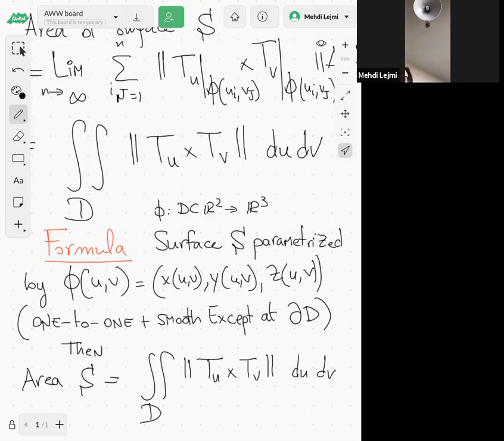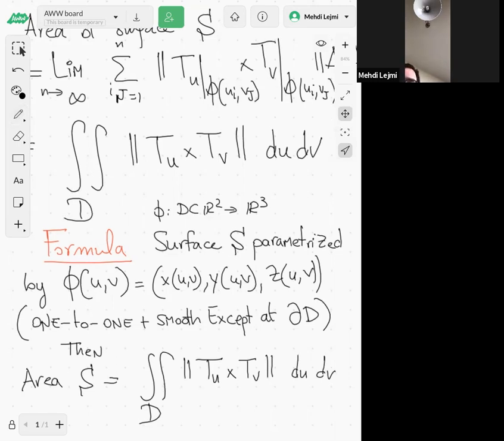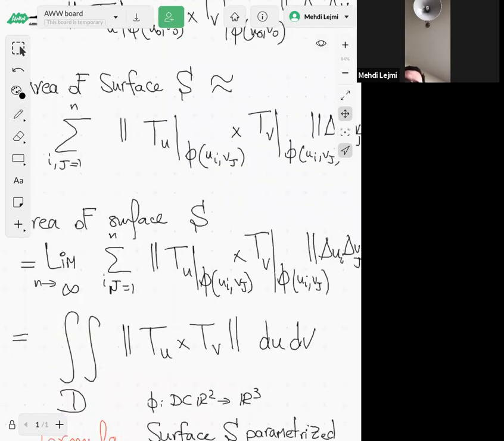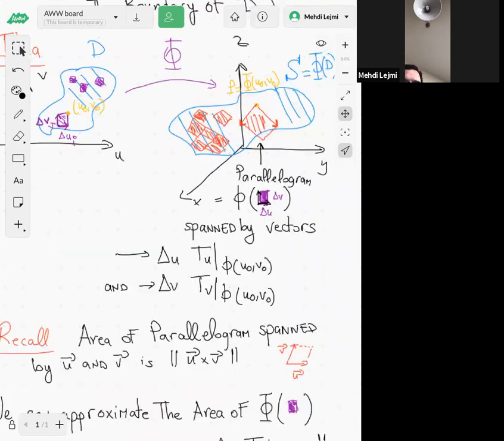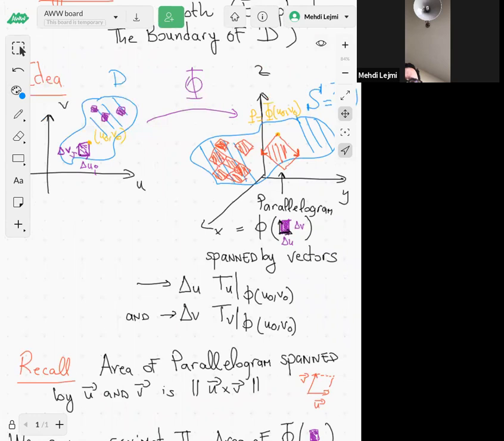And again, guys, the idea is just to take a small rectangle, so you divide your region. Let me come back to here. So you see what I did. You start with this region D, and the image of D by phi will be your surface S. So you divide D into very, very small rectangles with sides equal to delta u and delta v.